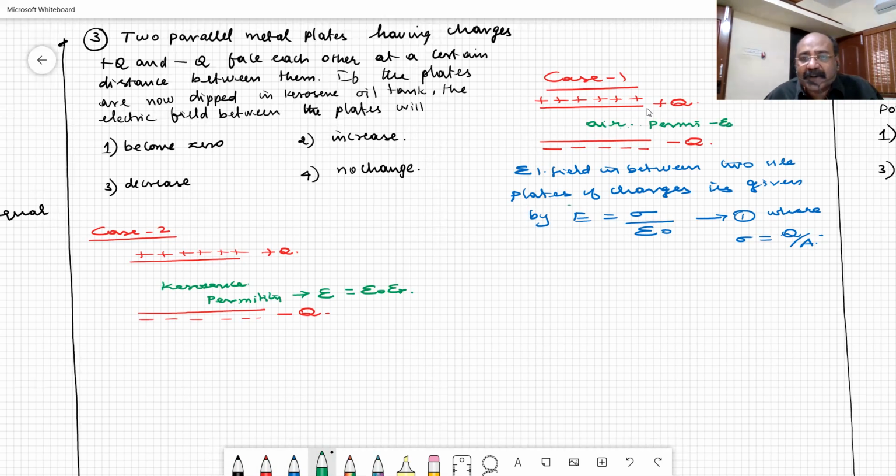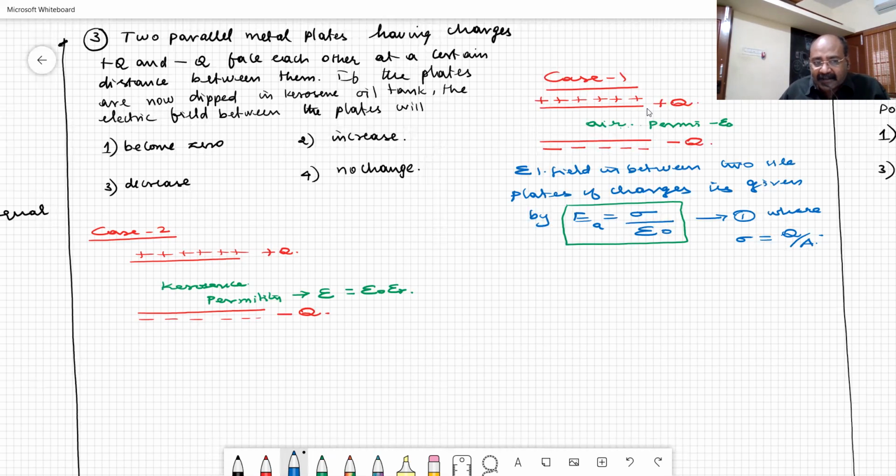If it is air, then we say the permittivity is epsilon 0. So we got the expression for the electrical field when air is present: electrical field E is equal to sigma by epsilon 0. We can write it as the electrical field in air medium. Now, when it is dipped inside the kerosene, the air medium is replaced with kerosene of permittivity epsilon having a dielectric constant epsilon r. So what will happen?